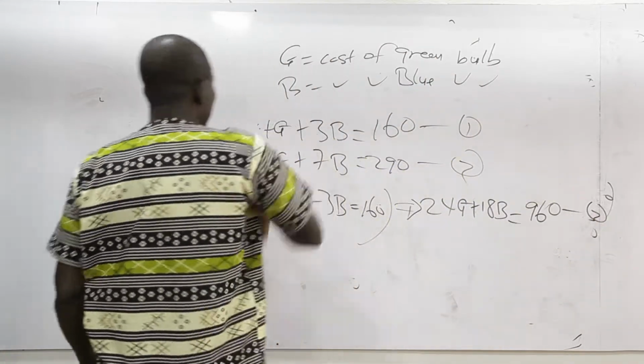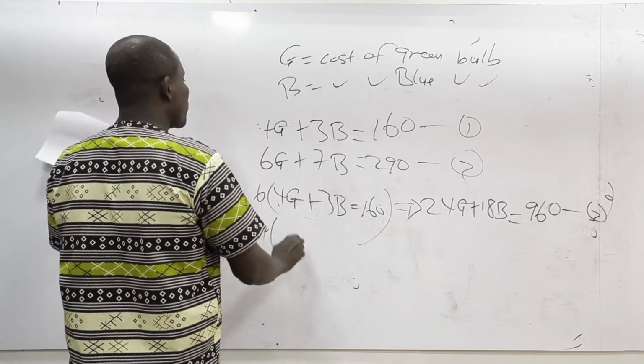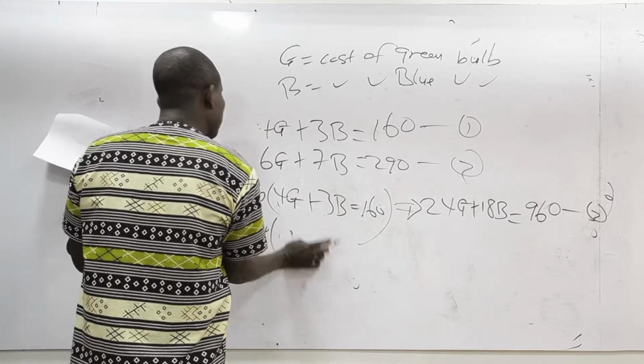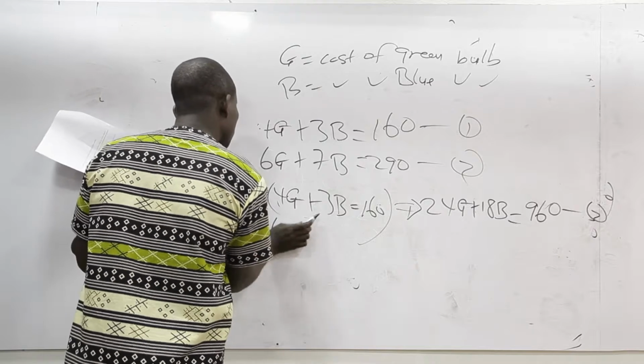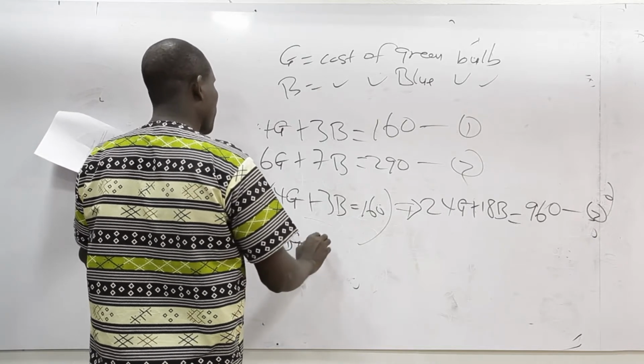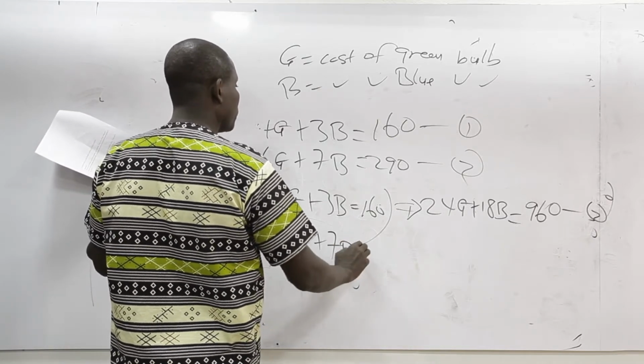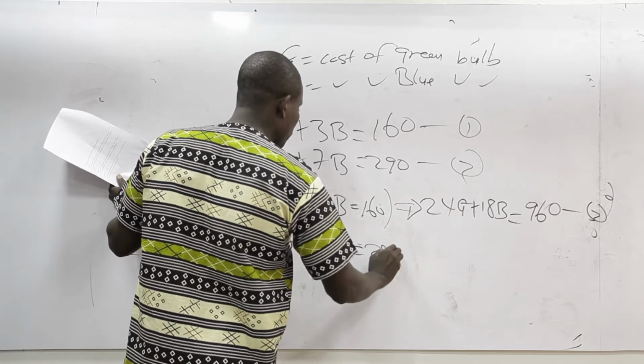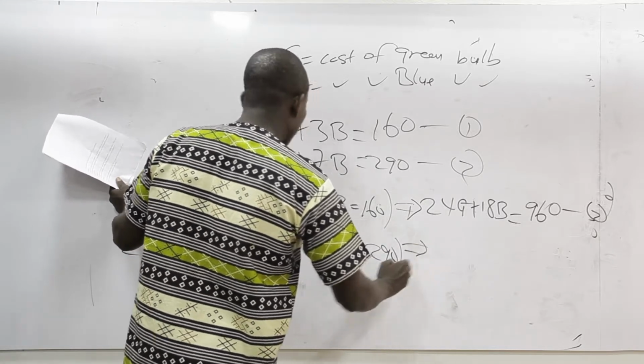Then once again, follow the same procedure. Multiply by 4, remember, 6G plus 7B is equal to 290.